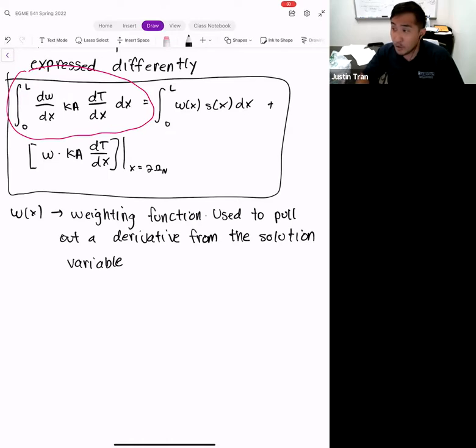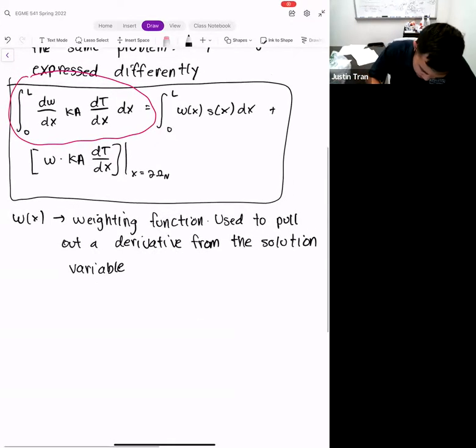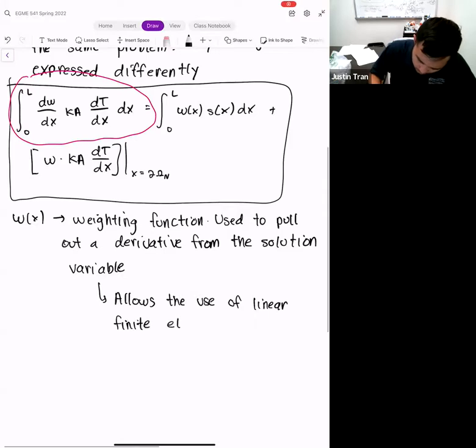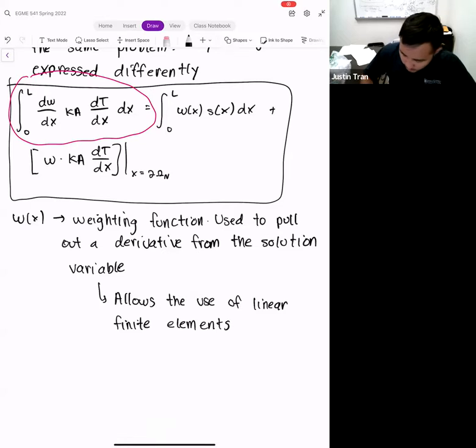And linear approximation functions form the backbone of a lot of finite elements, if anything, just the initial phase of finite elements when you're first learning it. Okay, linear finite elements and linear shape functions.